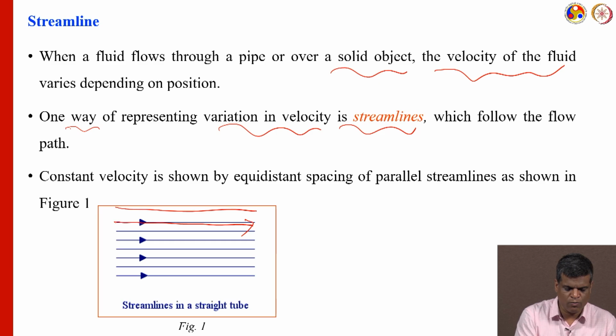You can see the flow path here. In a straight tube, how does the streamline behave? It shows constant velocity throughout, shown by equal distances. The streamlines move parallel to each other, as shown in figure 1.